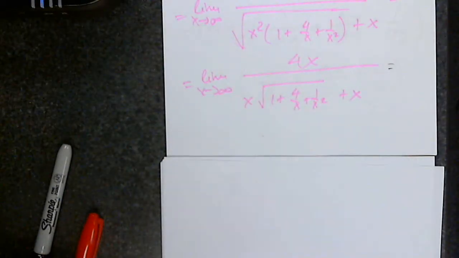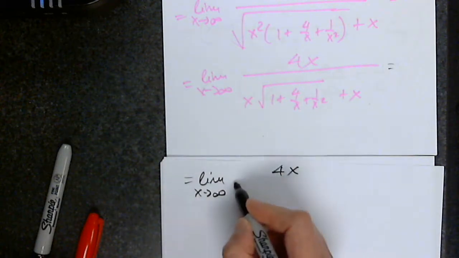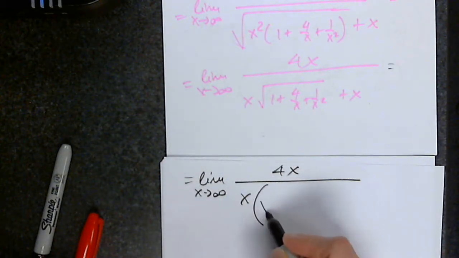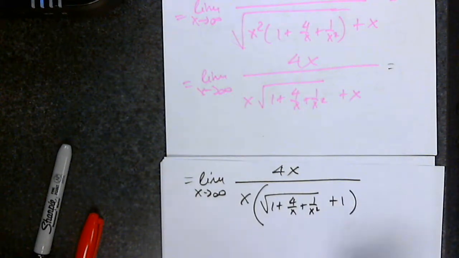So I continue. The limit as x approaches infinity of 4x divided by x times the square root of 1 plus 4 over x plus 1 over x squared, plus 1.